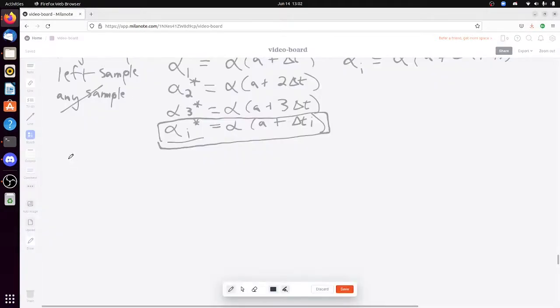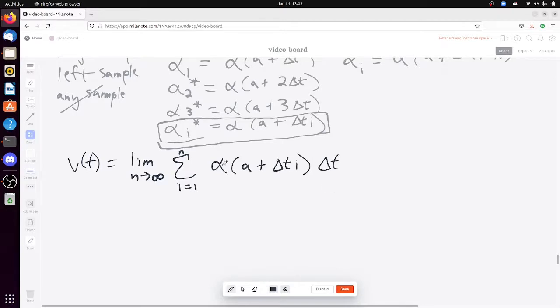So we're looking at v of t equals the limit as n approaches infinity of the summation from I equals 1 to n, and then we're just going to copy this: alpha of a plus delta t times I, times delta t.